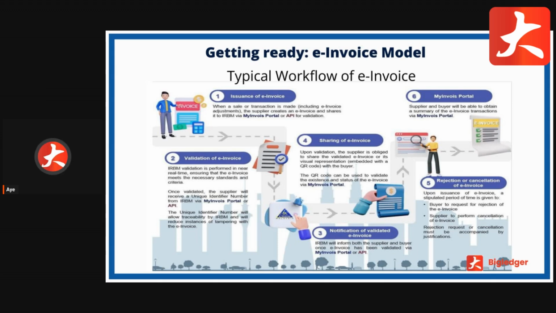If you accept the rejection, the e-invoice will be canceled, so you need to issue a new e-invoice. If you don't want to cancel it, you can keep the original e-invoice and issue a new type of e-invoice, for example a credit note, to amend the original document.